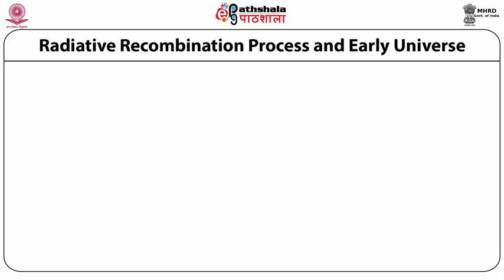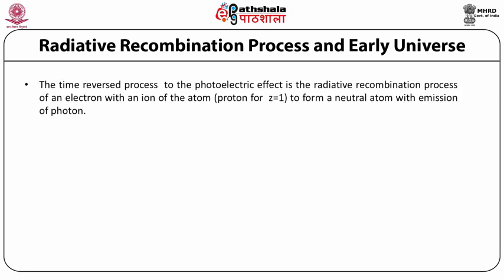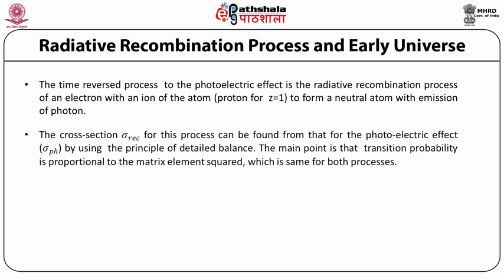Radiative recombination process and the early universe. The time-reversed process to the photoelectric effect is the radiative recombination process of an electron with an ion of the atom to form a neutral atom with emission of a photon. The cross-section sigma recombination for this process can be found from the photoelectric effect sigma PE by using the principle of detailed balance.